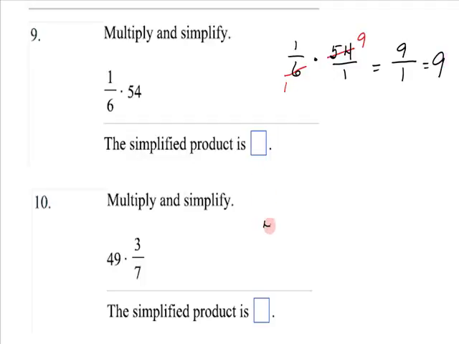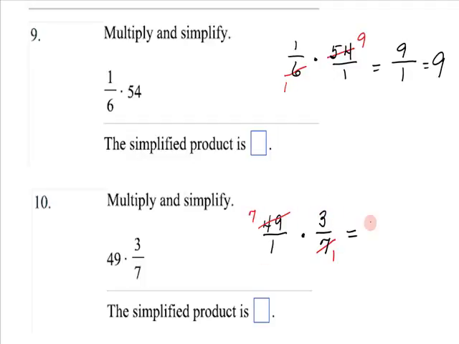All right, last one. I have 49, I'll put it over 1, times 3/7. Looking on my diagonals and up and down, I see that 7 goes into 7 once, 7 goes into 49 7 times. That's all I can reduce.